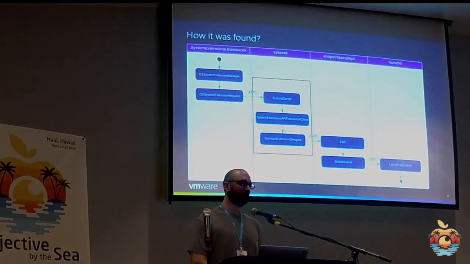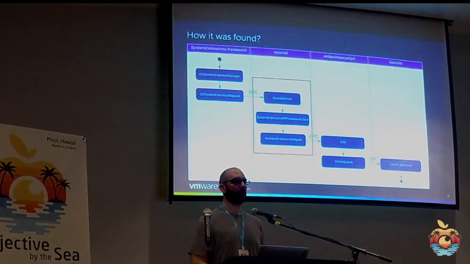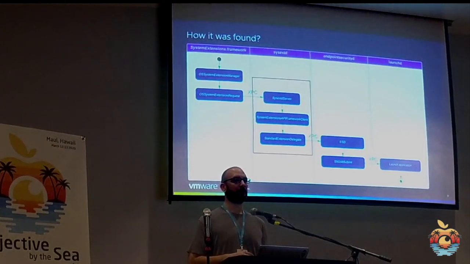So standard extension delegate, that name standard there, they've definitely built up this whole object hierarchy of different internal classes, so that in the future there could be more daemons like EndpointSecurity that are handling different system extension points.